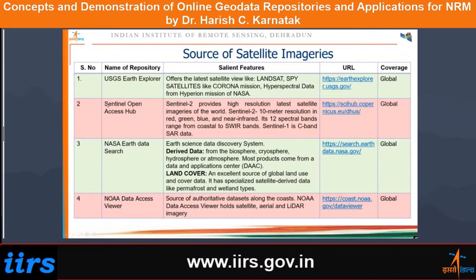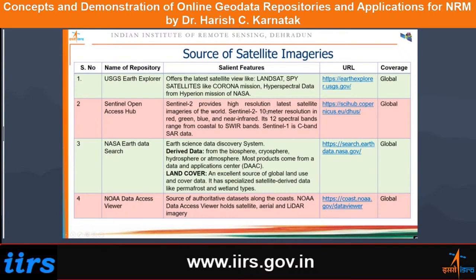Then the next name I will take here is the Sentinel Open Access Hub. It's another important website by the European Space Agency, called ESA. They provide the latest Sentinel-2 high-resolution satellite imagery of the world, and Sentinel-2 10-meter resolution in red, green, blue, and near-infrared spectrum is available. And this is one of the most popular websites for high-resolution satellite imagery.